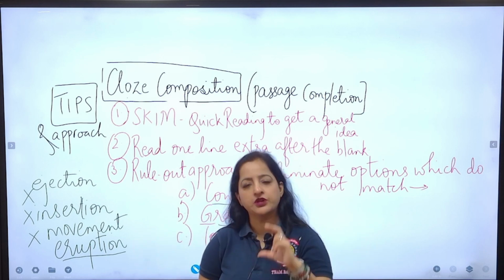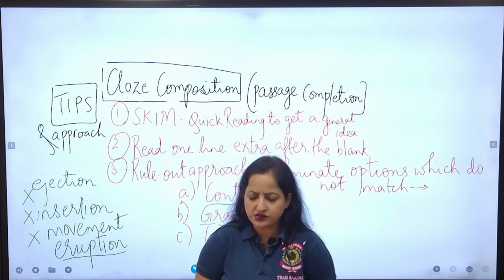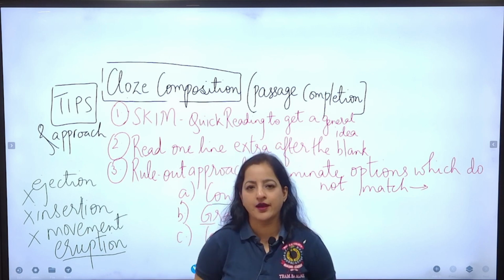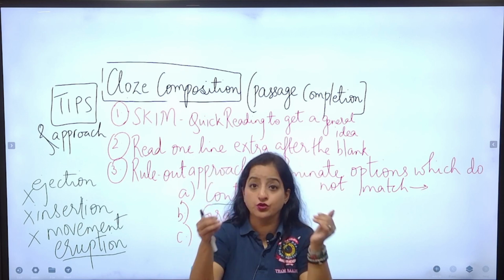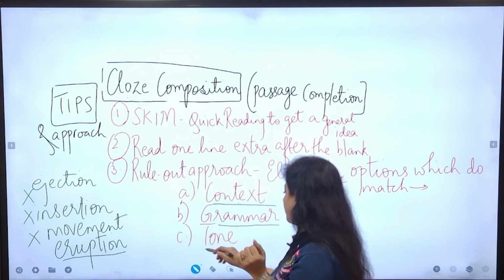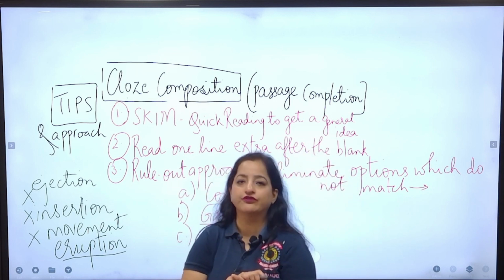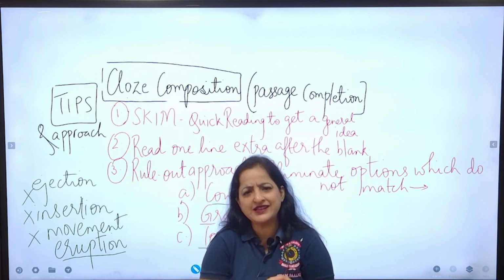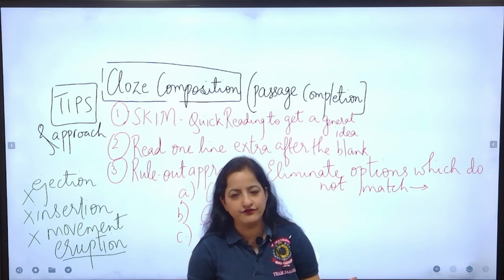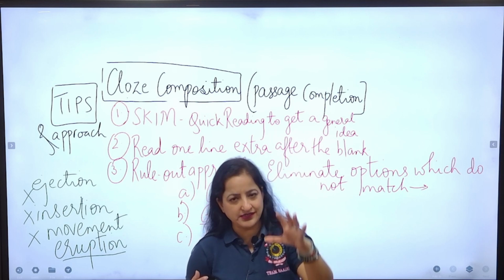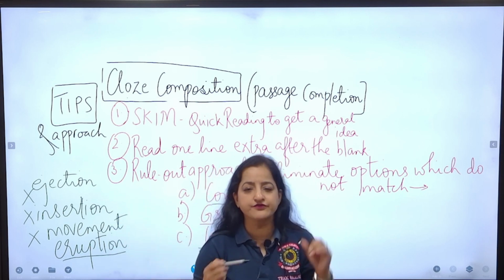So the option which you select should be grammatically right. So close composition is nothing but applied grammar. All of your entire grammar syllabus, you have to put it to use over here. Yes? And of course, you're going to rule out options which do not match with the tone of the passage. For example, every passage has a certain tone to it, positive tone, negative tone. So let's say the passage has a positive tone. Rule out options which have a negative tone.